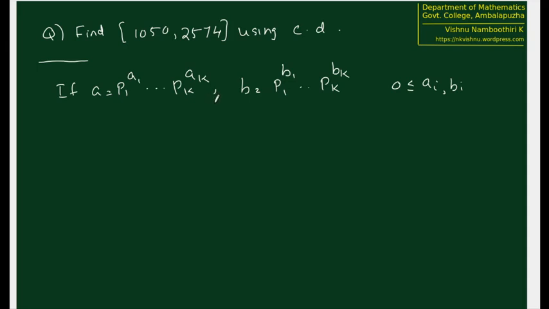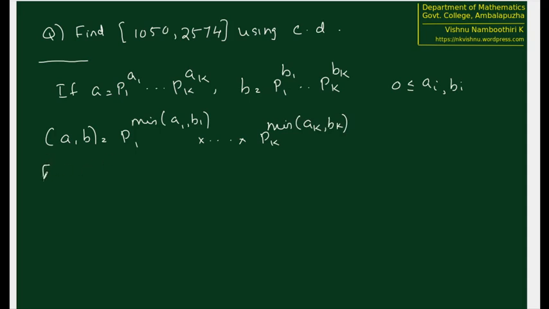We are permitting a prime power to be equal to even 0. Then we know that GCD of A and B is equal to p1 to the power minimum of a1, b1, into etc., into pk to the power minimum of ak, bk.